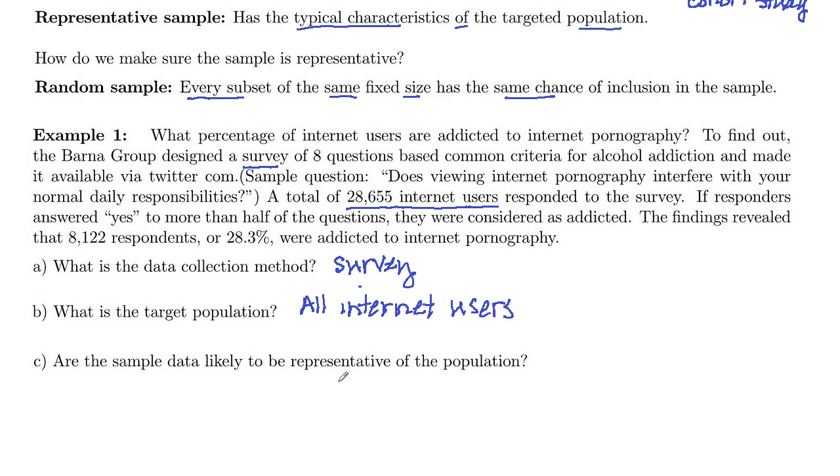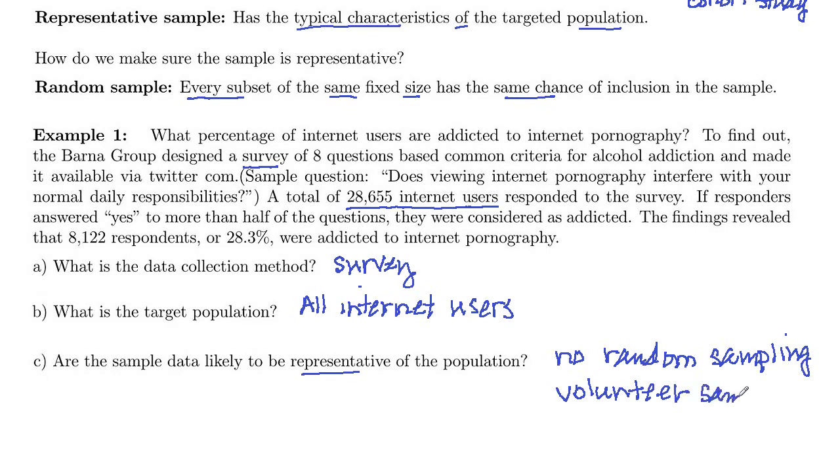Are the sample data likely to be representative of the population? Well, there's no random sampling in here. There's no randomness involved in the process here. And then also it's a volunteer sample since it's a survey. So people have to volunteer to be in the survey.